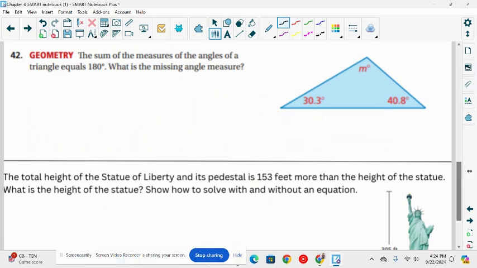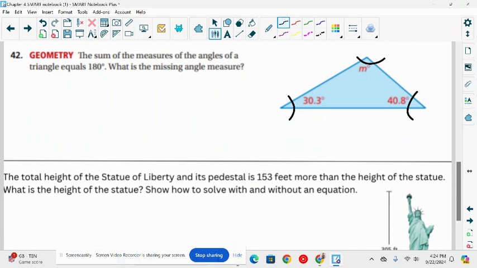Alright, this is going to be the last one we do for today, because it should be about time for y'all to go, if it isn't already. So it says the sum of the measure of angles of a triangle equals 180 degrees. What is the missing angle measure? So each triangle has 3 angles, 1, 2, 3, and all 3 of those should add up to equal 180.